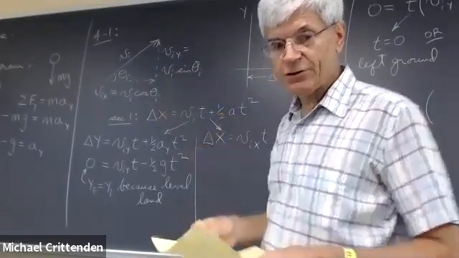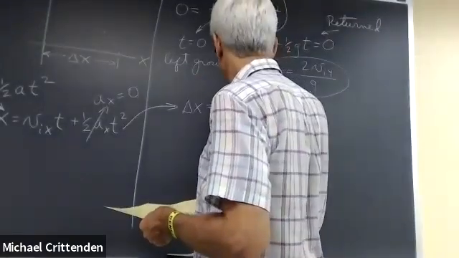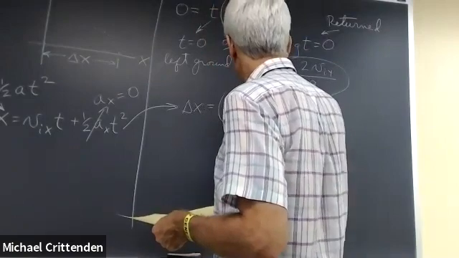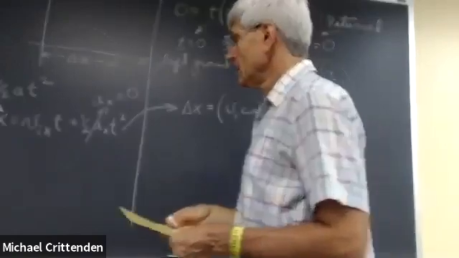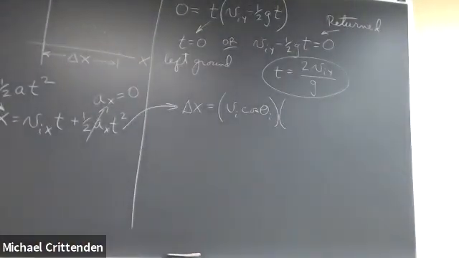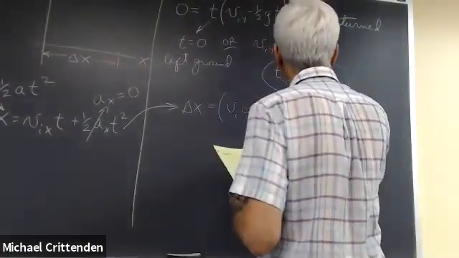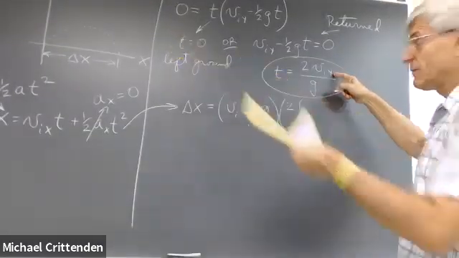X component of the initial velocity. The initial cosine of theta. So the thing from the triangle here goes in for v initial x. And for the time, the thing I circled over there, v initial y, was the sine component.